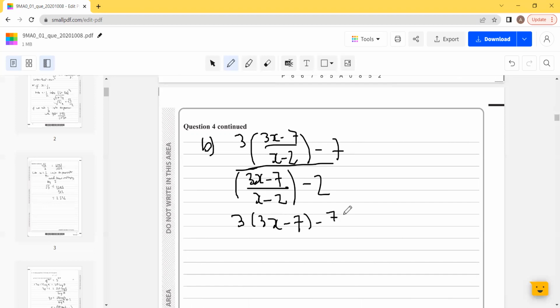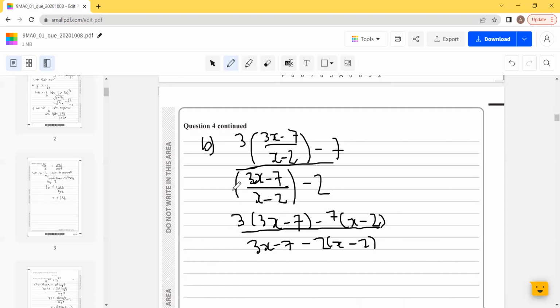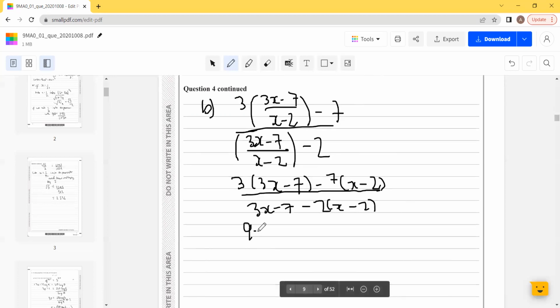So it becomes 3 times 3x minus 7 minus 7 times x minus 2 over 3x minus 7 minus 2 times x minus 2. So I get 9x minus 21 minus 7x plus 14.